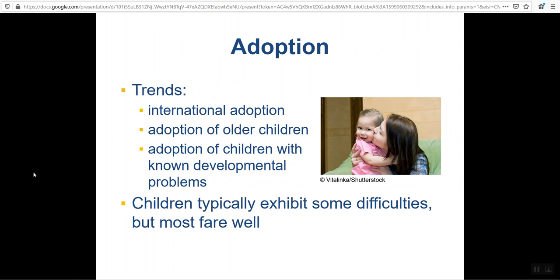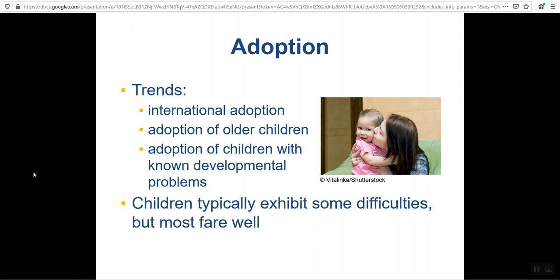Adoption is also an option for individuals who wish to have children. There are international adoptions. Adoption of older children is a really important topic as children age in the foster care system and in the social services systems. Their likelihood of adoption decreases, and so assistance for these individual children is very important.